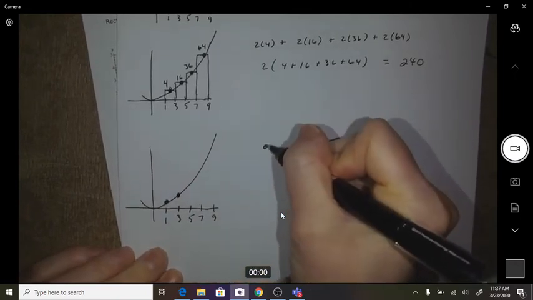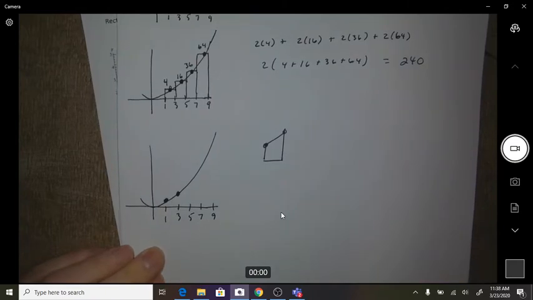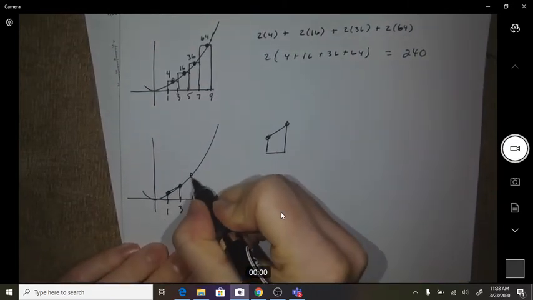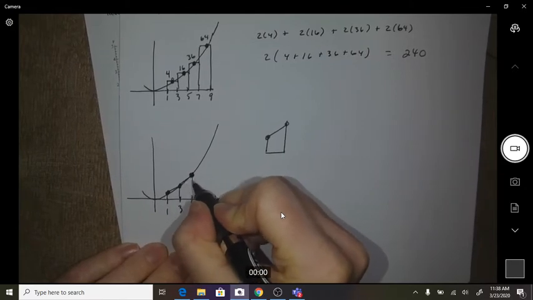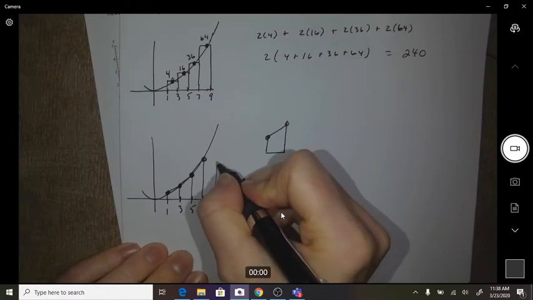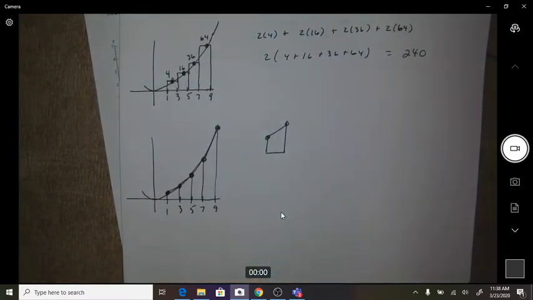Okay, so do you understand the gist of the shape here? That's a trapezoid shape. So we have 4 trapezoids.